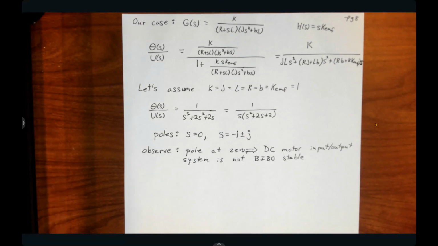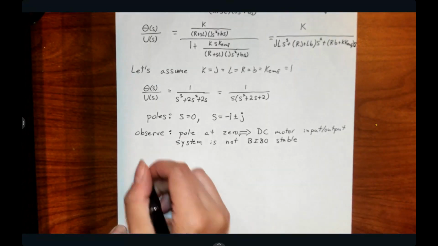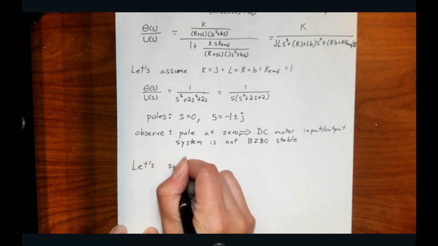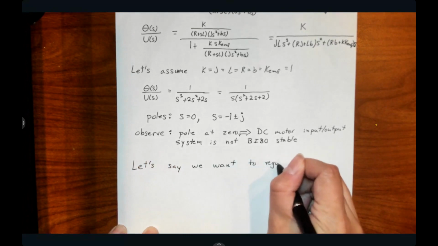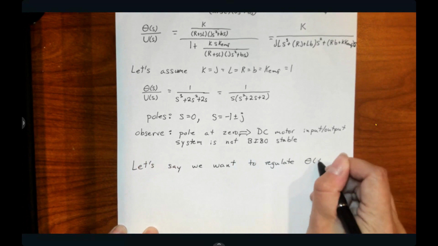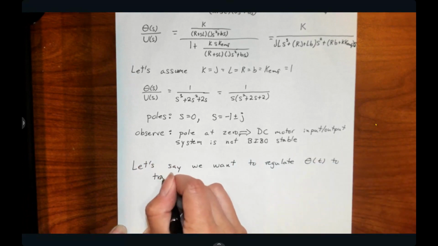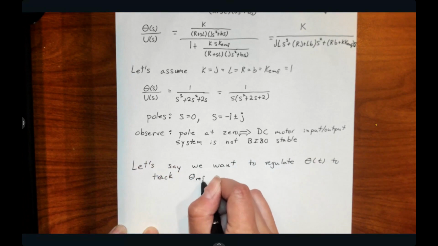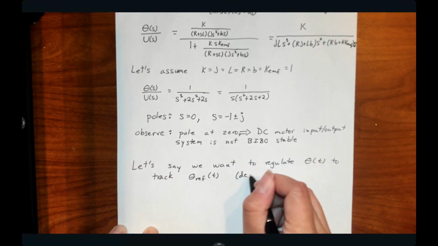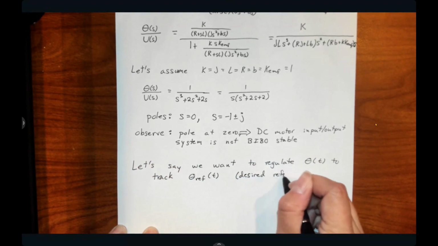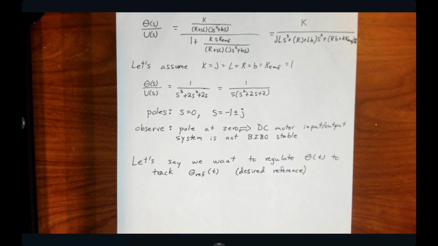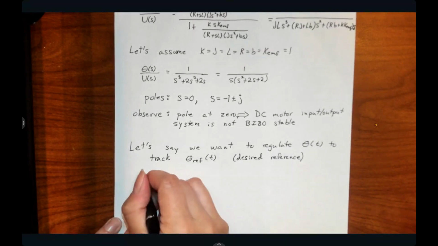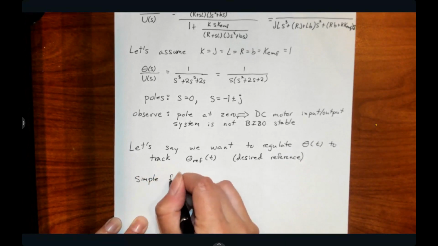And so where we'll pick up next time is, let's say that we want to regulate our position, and we want to do this so that we track some reference. This is our desired reference position. And so what we're going to take a look at next time is, let's say that I just take a very simple feedback controller.